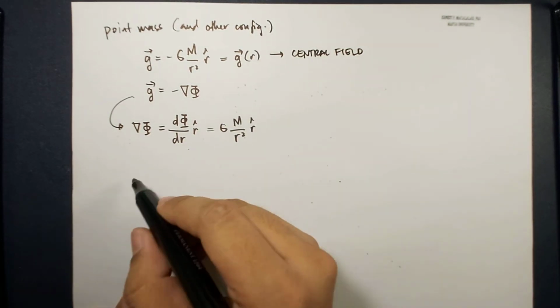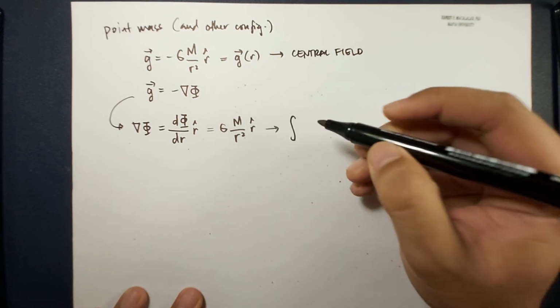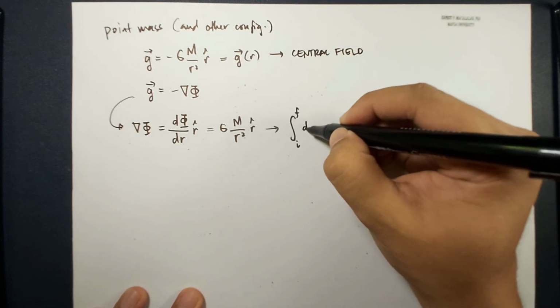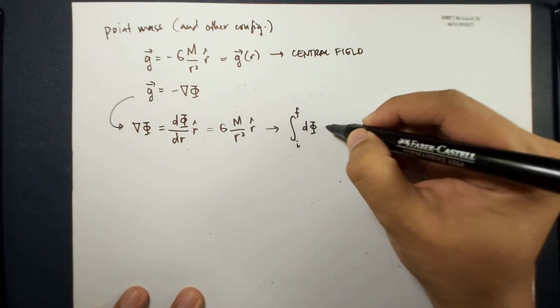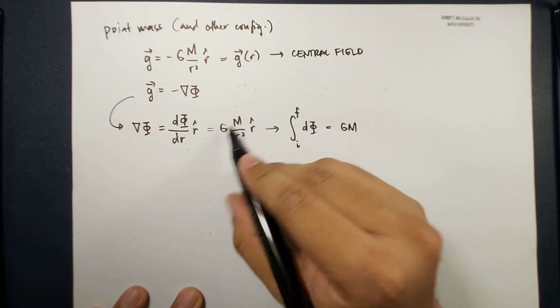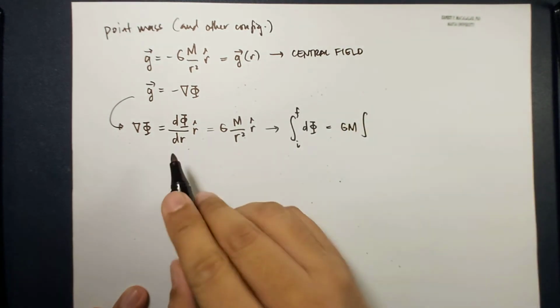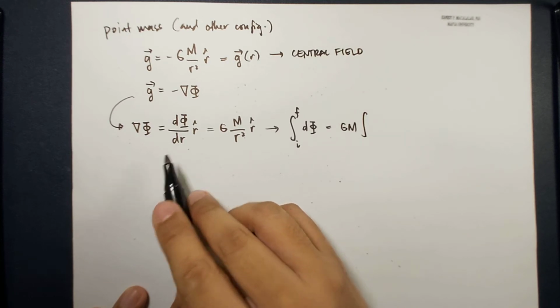Doing the integral, this becomes the integral from the initial point to some final point or state of d phi, and this is equal to G m. Again, G and m are constants with respect to our differential dr, or variable of integration r.